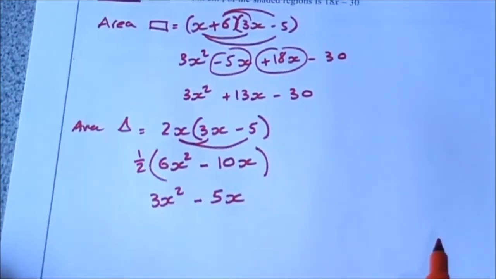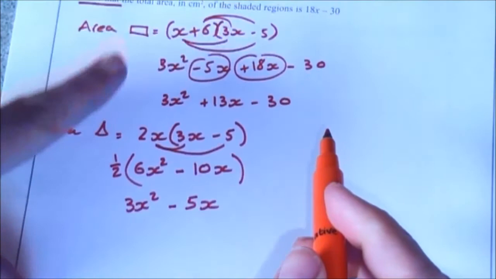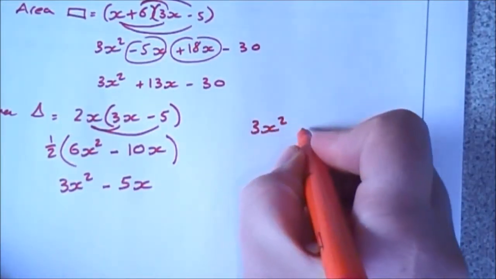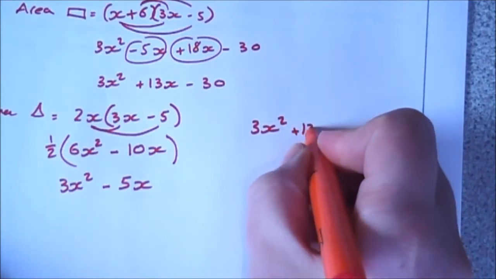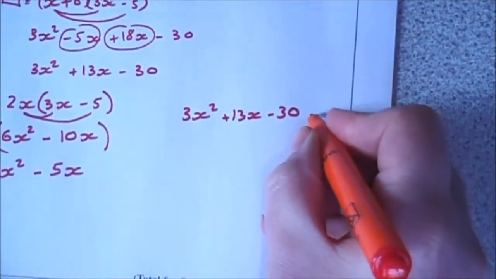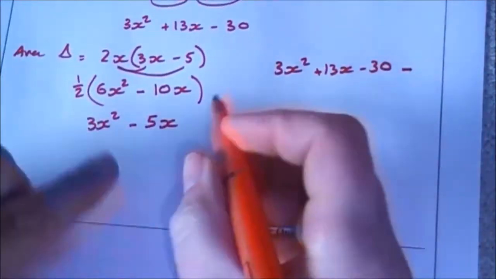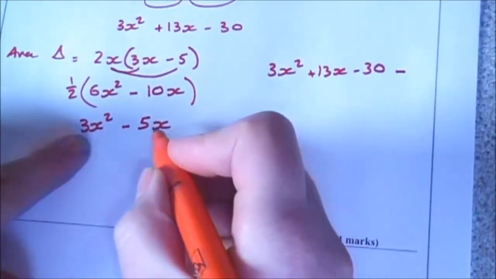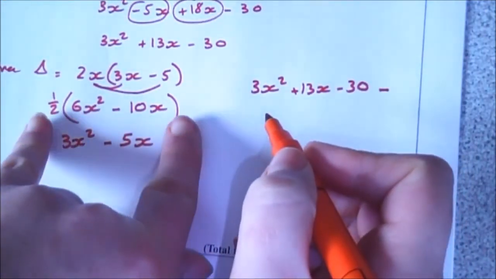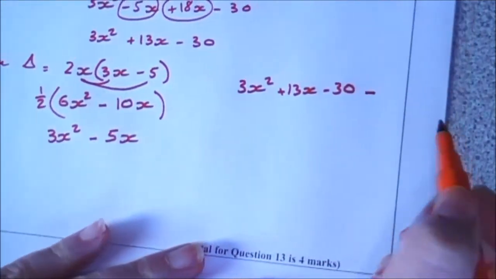That's the area of my rectangle. Now I need to do that, take away that. So it's going to be 3x squared plus 13x minus 30. Take away, and I can't just write this out as one expression because I'm taking away the whole thing. So I'm going to need to put that into a bracket to make sure it doesn't become separated.